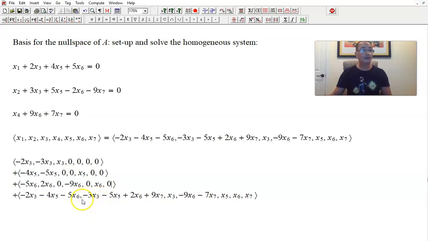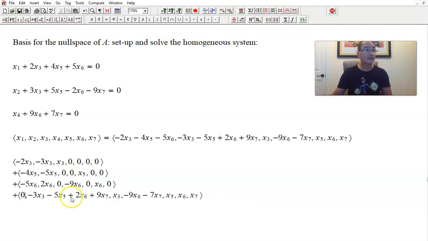All right, so finally, last vector, we want x7 to stay. There's no x7 in the first component. So that's 0. There's 7 there. Erase everything else. x3 turns into 0. Minus 9x6 goes away. x5 goes away. x6 goes away. x7 by itself.